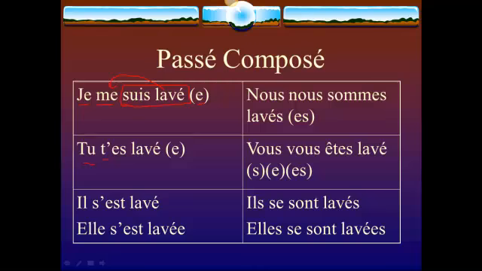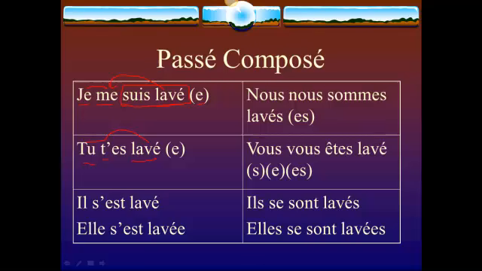In most cases, that is going to be a direct object, and it refers to je, tu, il, elle, and so forth. In some cases, we'll get to that later, there will be a direct object other than the me, in which case there is no agreement. But for 99% of the cases, this past participle will be the same as this reflexive pronoun, which is equal to that subject.